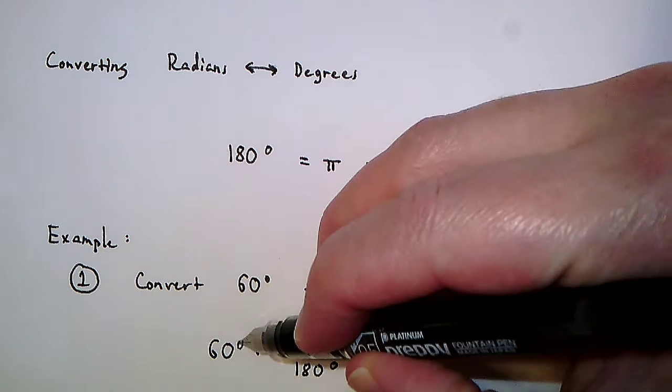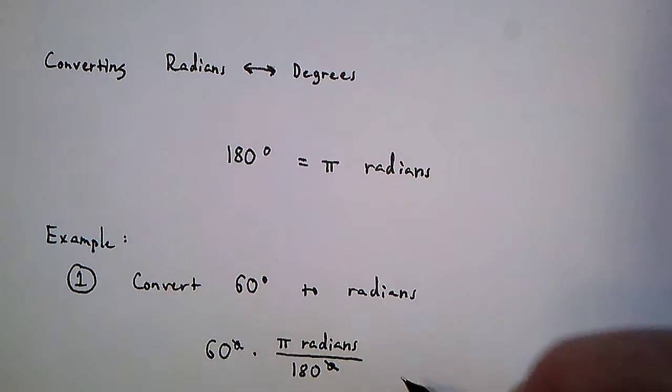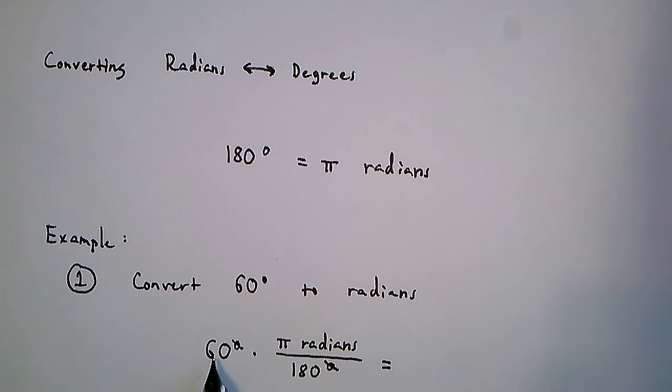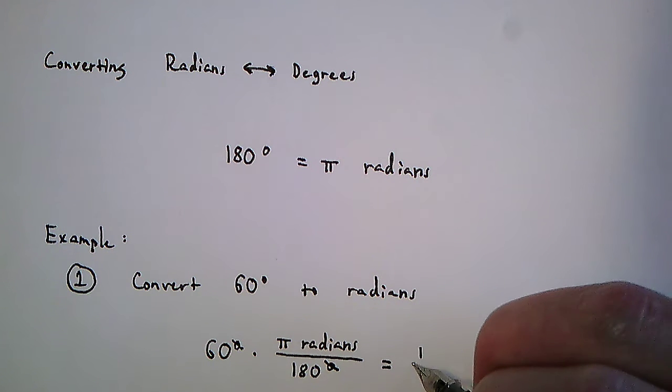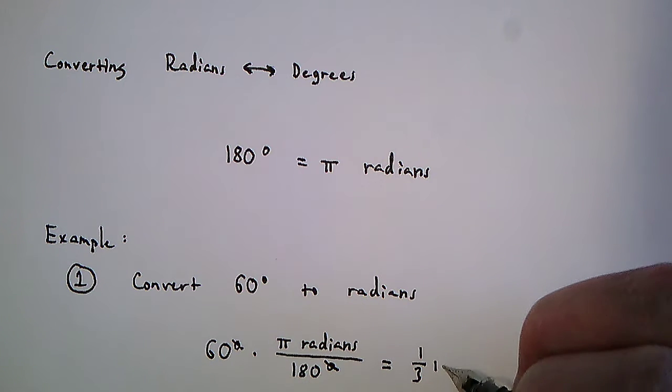So the degree units cancel out. And what we're left with is 60 divided by 180. That's 1/3. And then pi radians.